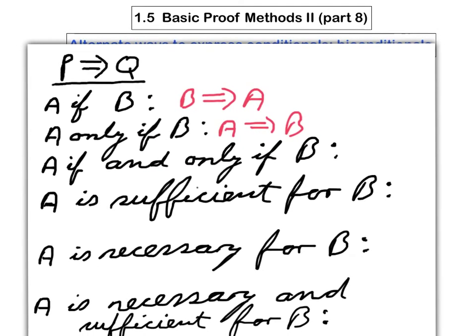A if and only if B is written like this in symbols, and it means A implies B and B implies A.